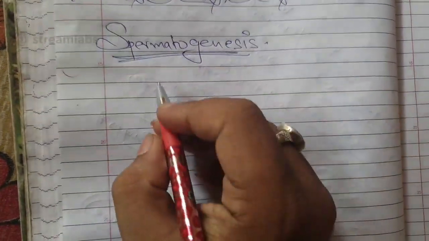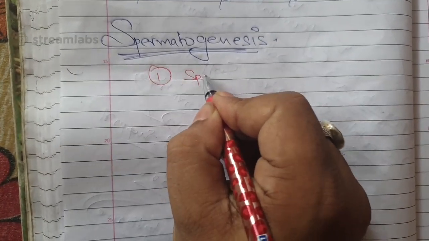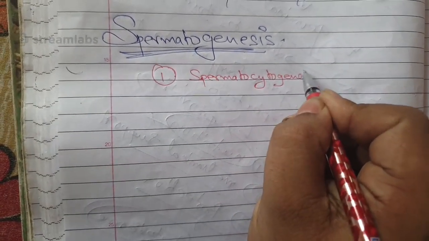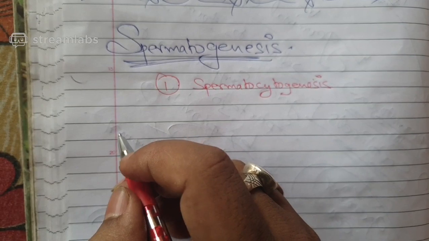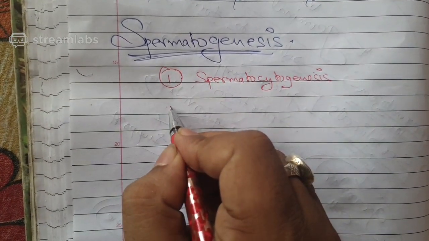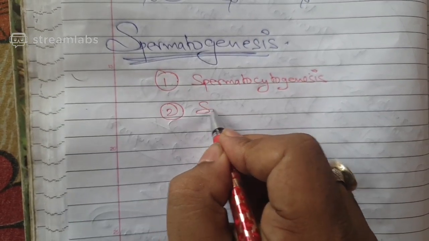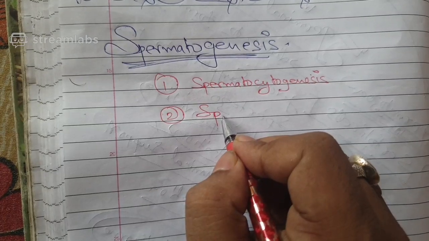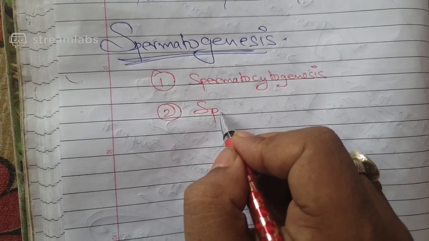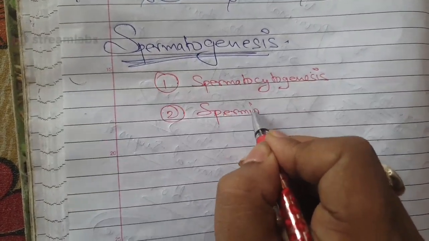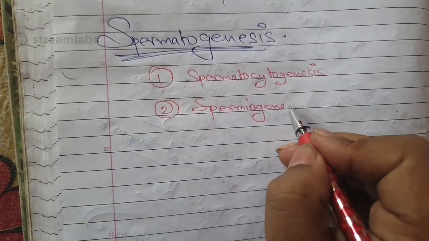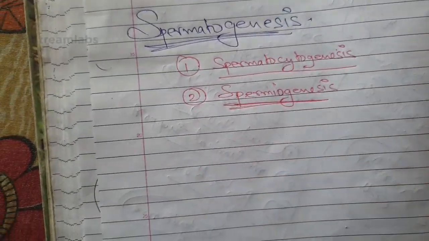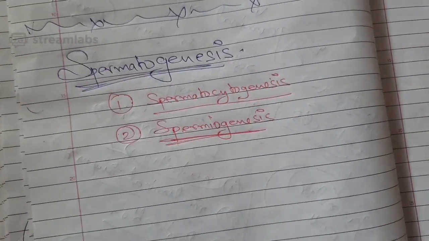The first step is spermatocytogenesis, and the second step is spermiogenesis. You have to understand that spermatocytogenesis and spermiogenesis are the two steps of the formation of sperms.